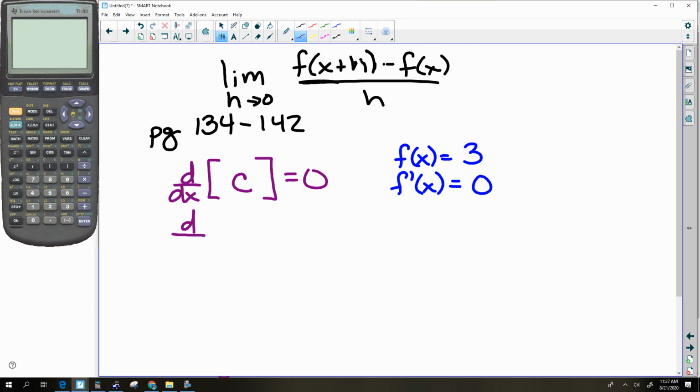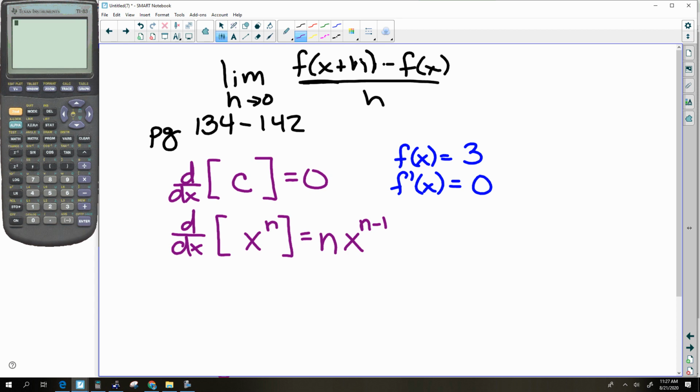The next is called the power rule. Let's say I have x to some power n. Okay, so x is the important piece, and x is to some power. The power drops down and gets reduced by 1.